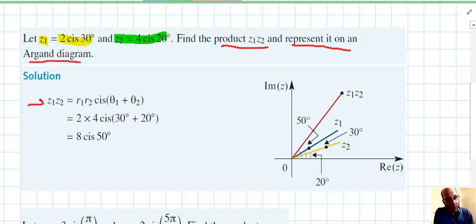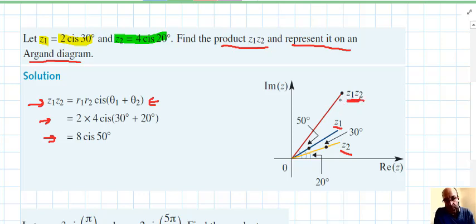The rule that we just introduced is applied, as you can see, and we get 8 cis 50 degrees. On an Argand diagram, we've got the two original vectors z1 and z2, and straight from the rule, we can see that we have a multiplied modulus now.